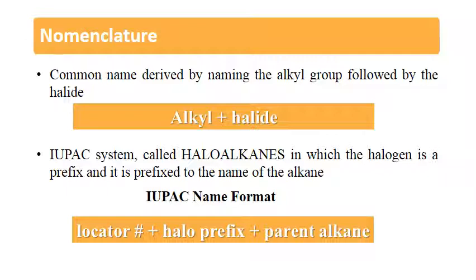The second is the IUPAC system, in which they are called haloalkanes, with the halogen as a prefix to the name of the alkane. The IUPAC name format is: first the locator number, where the halogen atom is present, then the halo prefix such as chloro, bromo, iodo, fluoro, plus the parent alkane. In this way we can do the nomenclature.